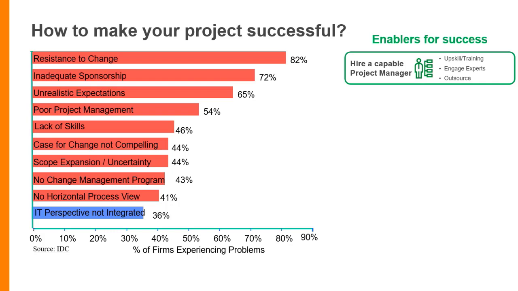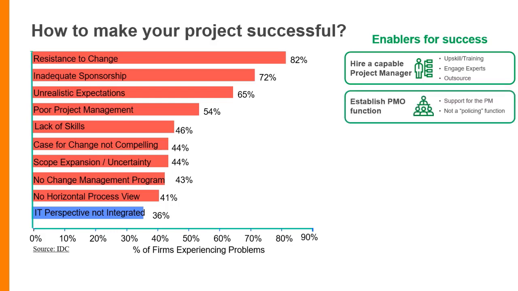The first enabler is that we need to hire a capable project manager. That can be done by upskilling or training existing project managers, engaging experts, or outsourcing. There are many ways, but we need to have a capable project manager, and we need to hire the person to our project. We also should have a PMO function on our project.